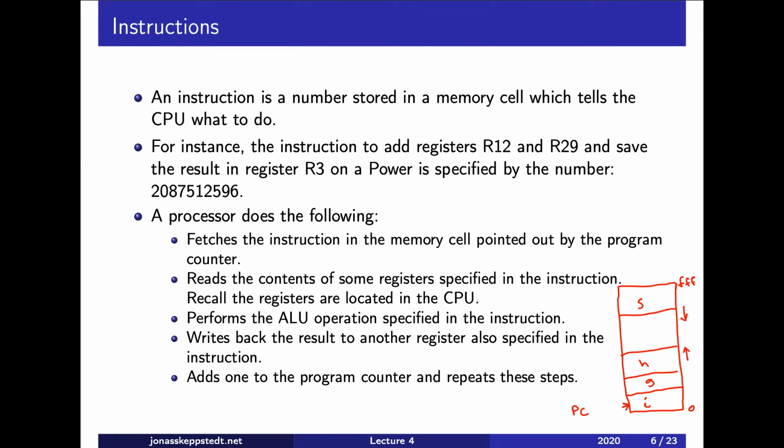In general, the life of a CPU is to do the following. It fetches the instruction in the memory pointed out by the program counter. Then it reads the contents of some registers, and then it performs, for instance, an add operation.